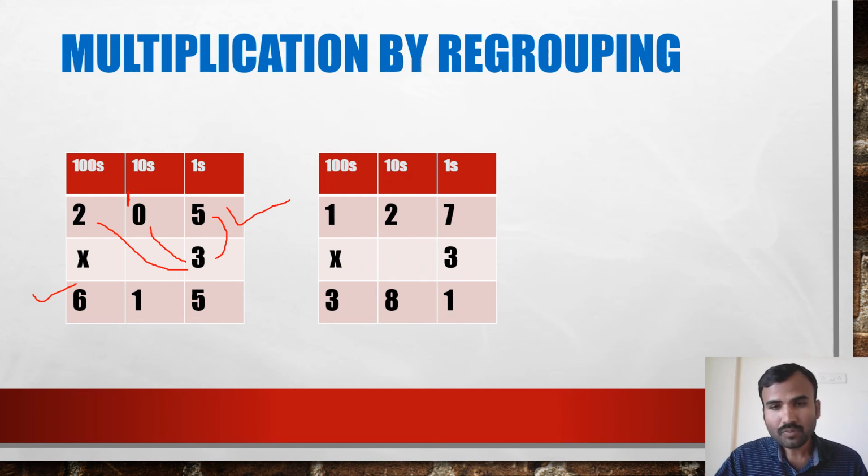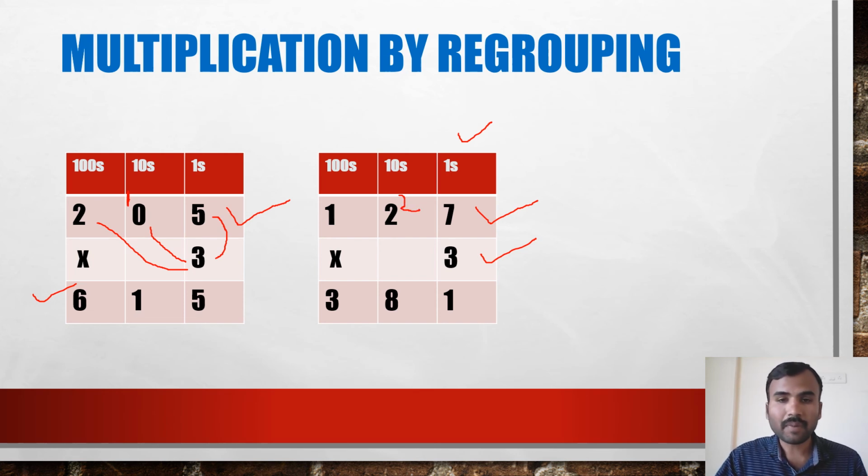Okay, and one more example. 127 into 3. So first you have to start your multiplication from ones place. Okay, 3 sevens are 21. Don't write here 2 and 1. That's wrong. So how to write that 21? First, here you should write 2, and here you should write 1.